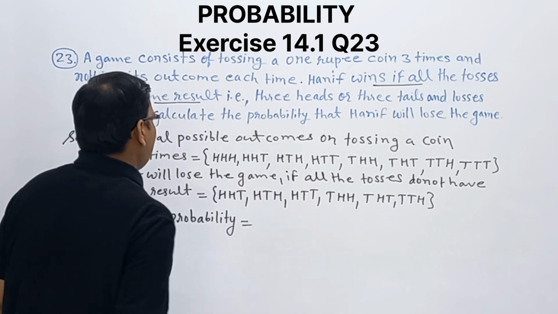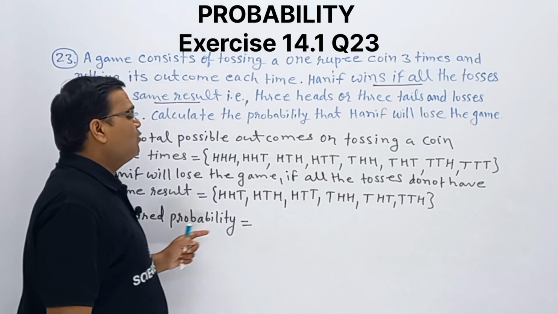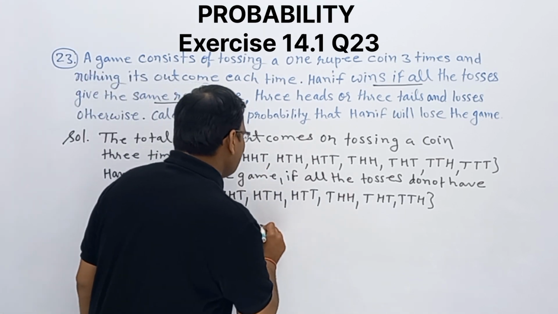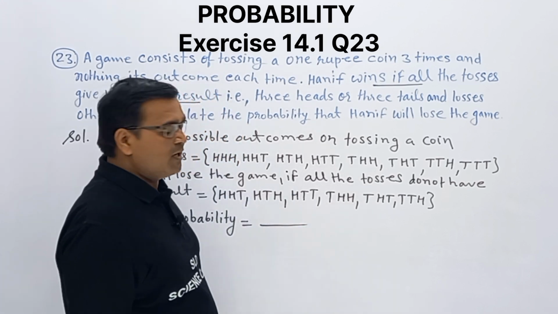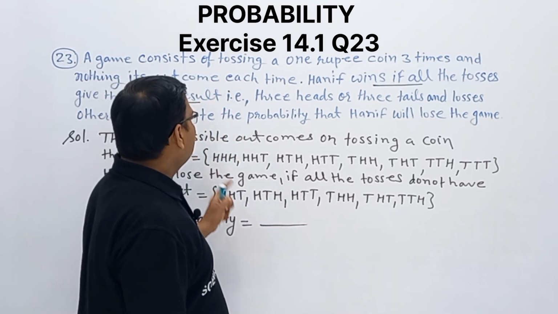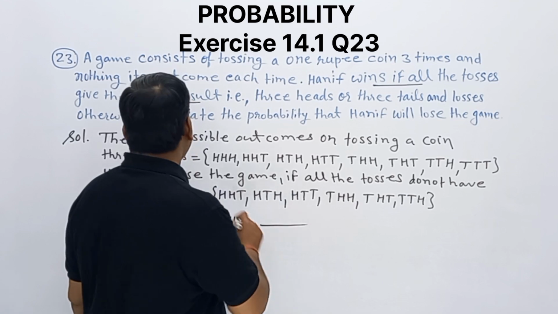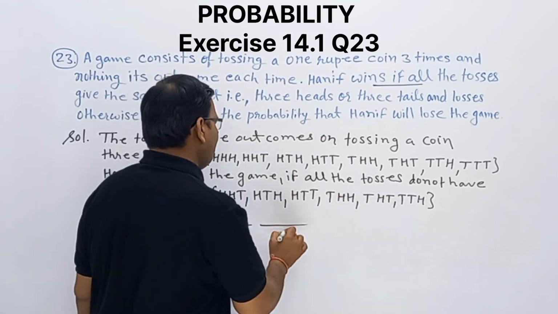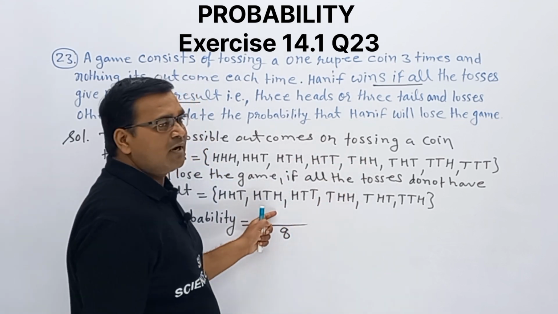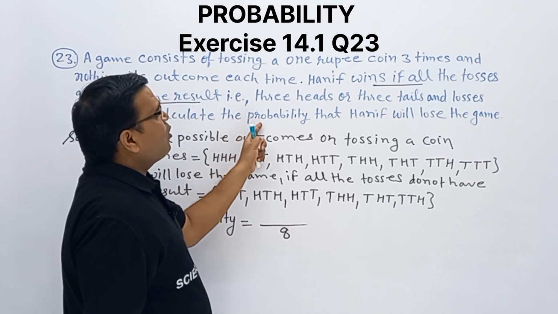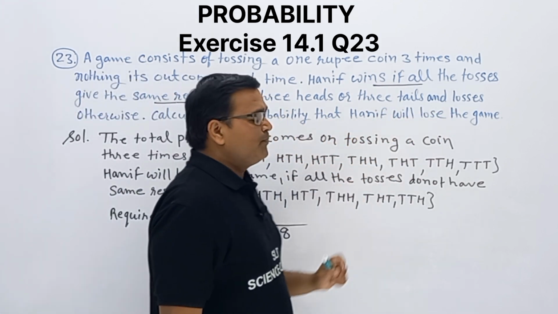Required probability: we know well, probability of an event equals the number of favorable outcomes divided by total possible outcomes. So in this case, total possible outcomes are 8. Number of favorable outcomes, we require the probability Hanif will lose the game.